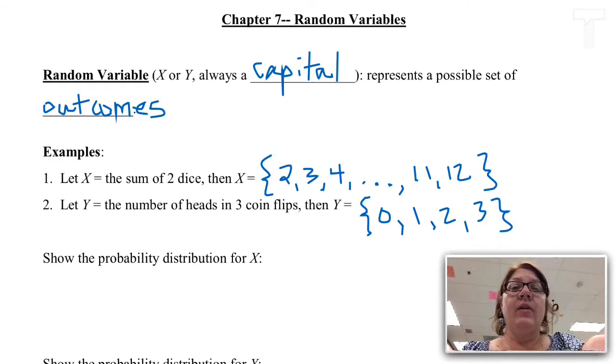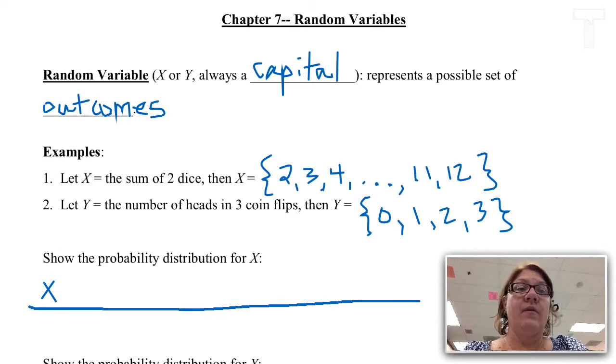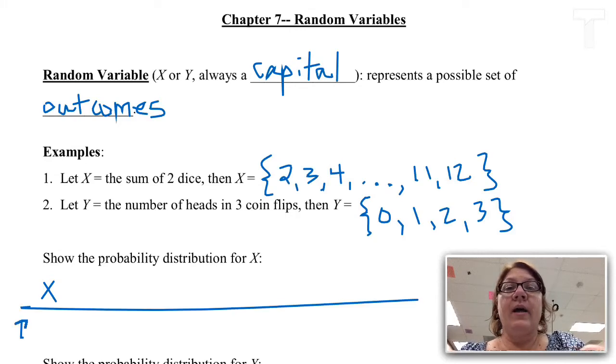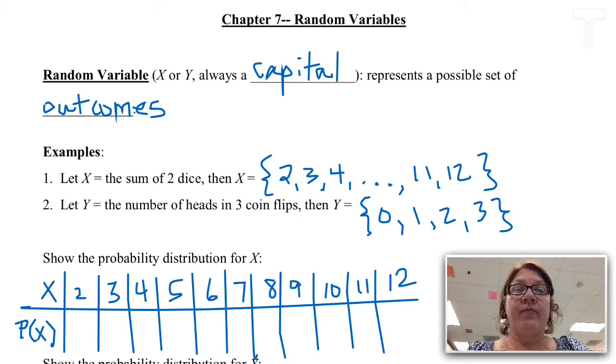So now, if I look at the probability distribution for X, I would start by listing first all of the outcomes for X, and I'm going to have to list each one individually. And then you're going to need to go back and look at that table alongside this so you know where I got these numbers.